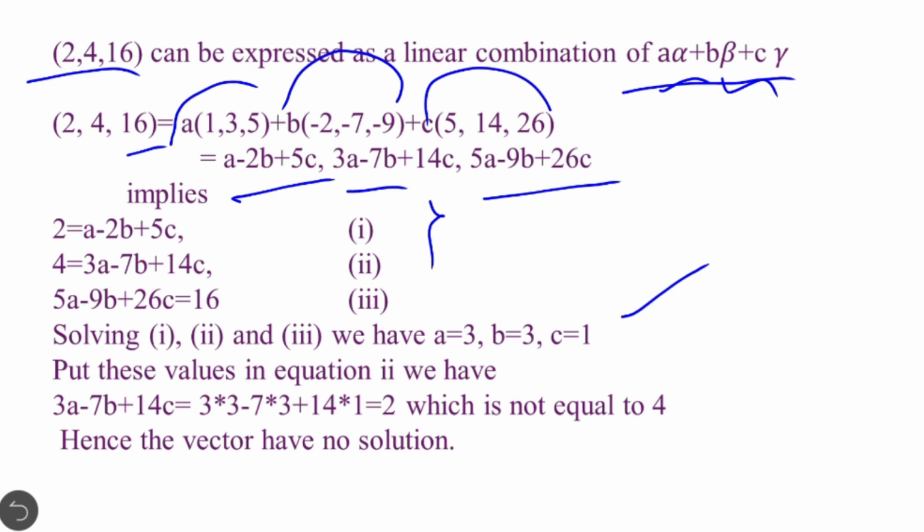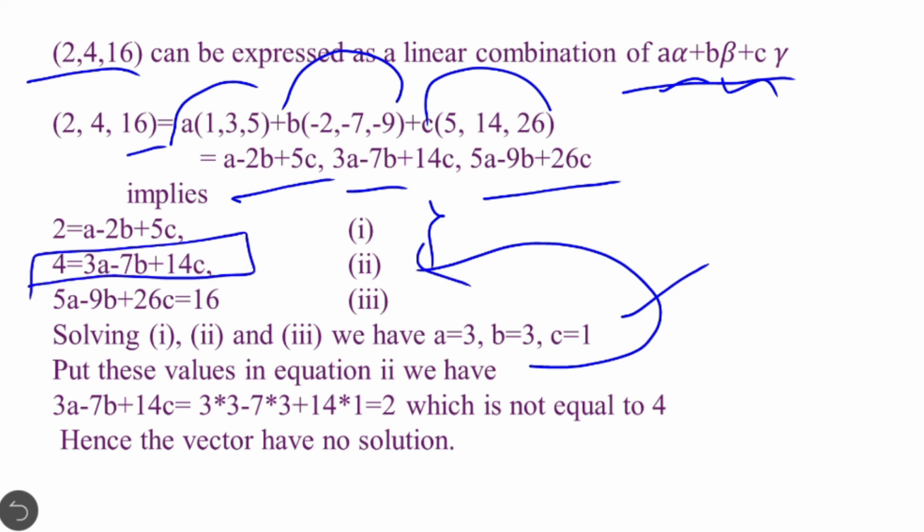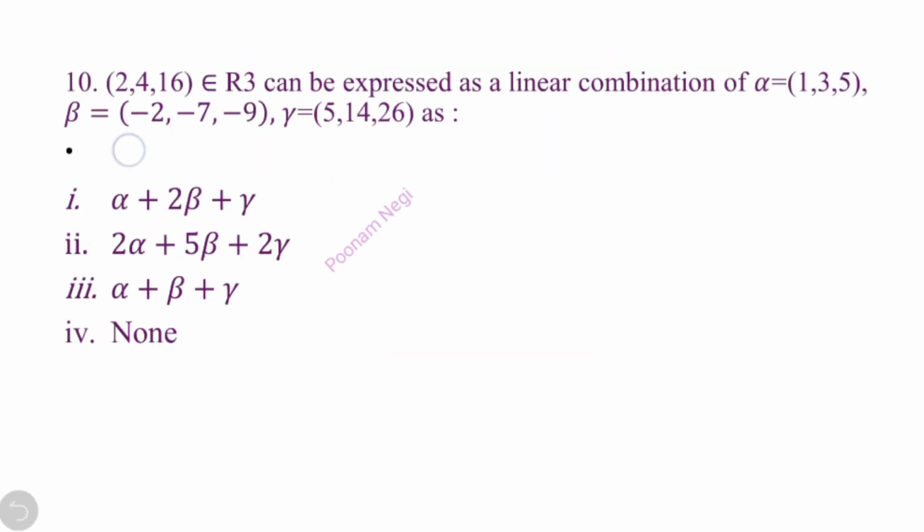But when we put these values back into equation 2, it does not satisfy. When we put A equals 3, B equals 3 and C equals 1 in the second equation, the right hand side is not equal to 4. That simply means this linear combination has no solution.